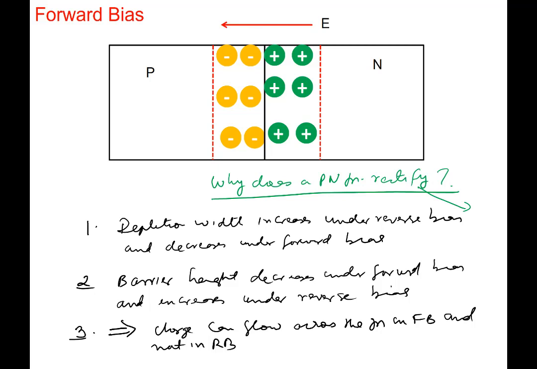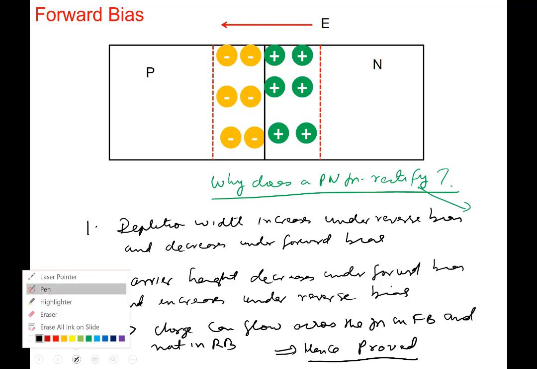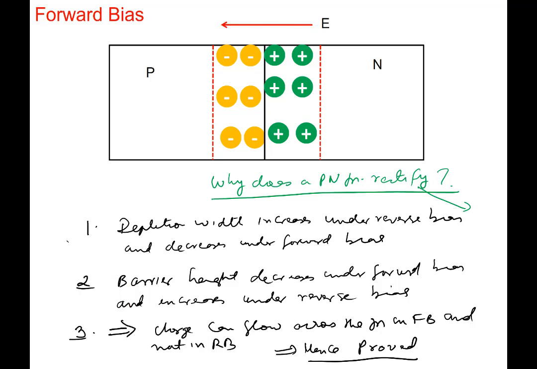Because of the barrier? Hence proved, is it? Can I now write hence proved? You want to say that? Or you want to write one more statement or something else? One more? Which one? Yeah, that's fine. Barrier height decreases under forward bias and increases under reverse bias.